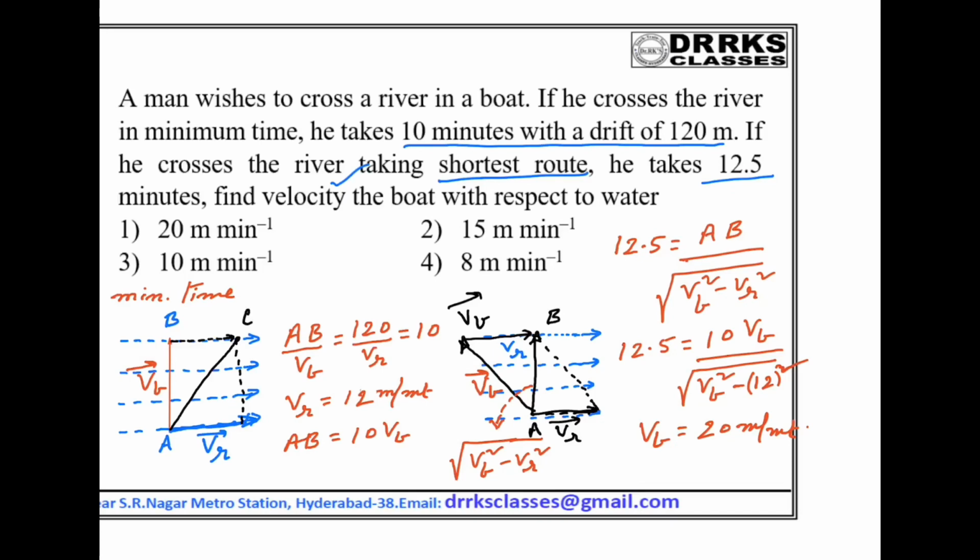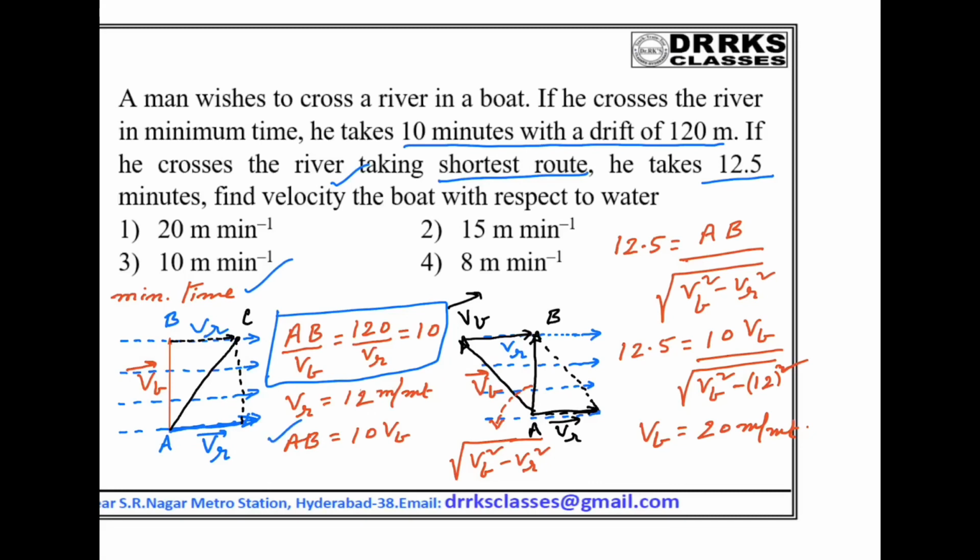In the minimum time path, if he targets B, he reaches C. The boat moves along the resultant of VB and VR. So AB/VB = BC/VR = 10, that's what is given. This is nothing but time. From that we get VR = 12 meters per minute and AB = 10 VB.